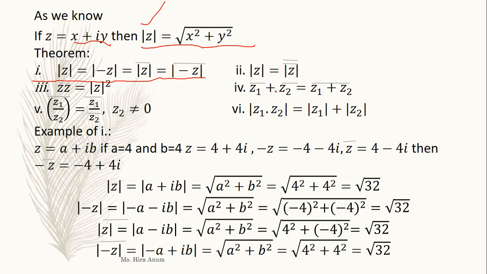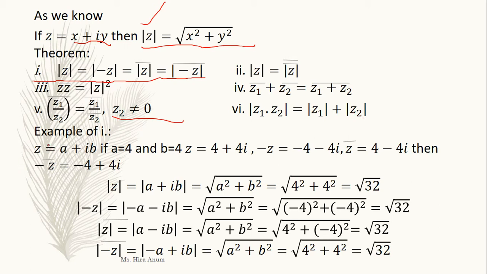Conjugate z1 plus conjugate z2 equals conjugate of z1 plus z2. Conjugate of z1 over z2 equals conjugate z1 over conjugate z2 if z2 is not equal to 0. And mod of z1 z2 equals mod z1 times mod z2.